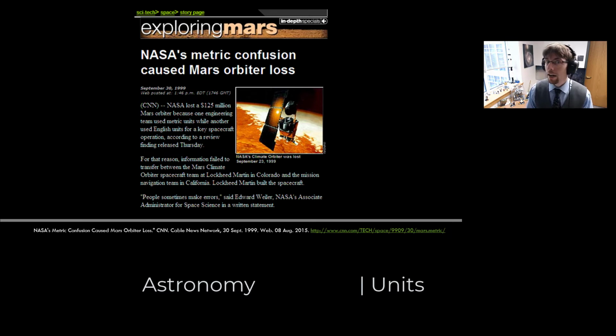Whereas another contractor doing a different part of the spacecraft was working in imperial units, feet, pounds, and seconds. And so when the component working with the imperial system handed numbers off to the component that was using metric, it caused the orbiter to be lost. Be careful with your units.